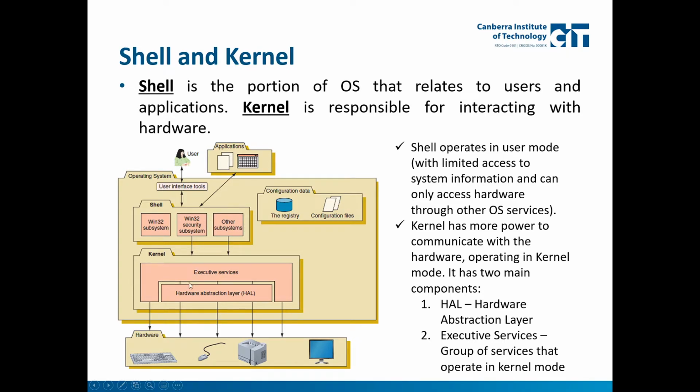And everything that is behind the shell, which is basically controlling the hardware, we call kernel. All right, so the kernel is actually composed of the HAL, which is the hardware abstraction layer. So this is pretty much responsible for controlling your printer, your monitor, your mouse, your keyboard, everything that is hardware. Every hardware resource that you have in your system is controlled by the kernel. All right, and obviously some of the applications within the shell are able to communicate with the kernel, and then they're able to do whatever it is that you want to do with your hardware as well.